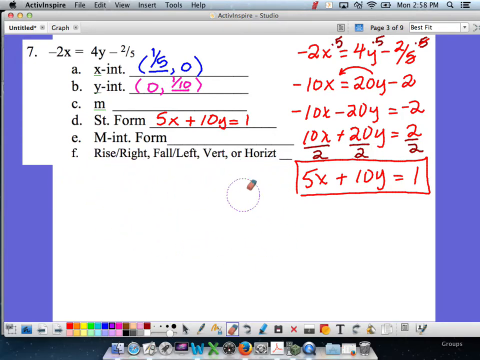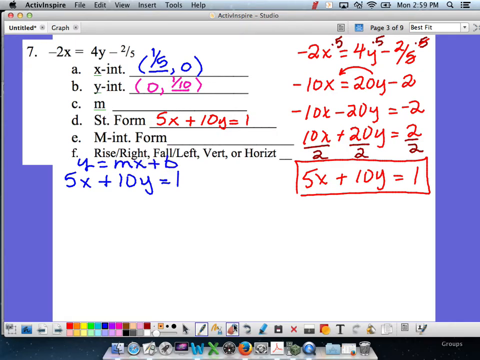Keep that standard form. The other form that I'm looking for is the slope-intercept form. So I'm going to take my standard form, 5x plus 10y is equal to 1, and I'm going to write that in slope-intercept form. Slope-intercept form is y equals mx plus b. So what I need to do is solve for y.